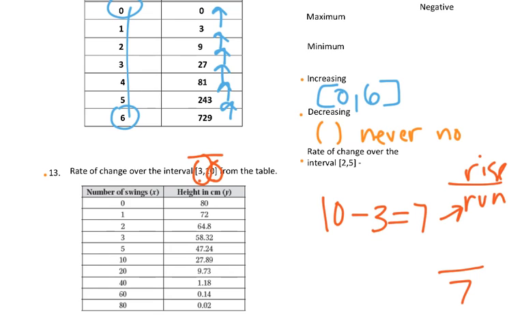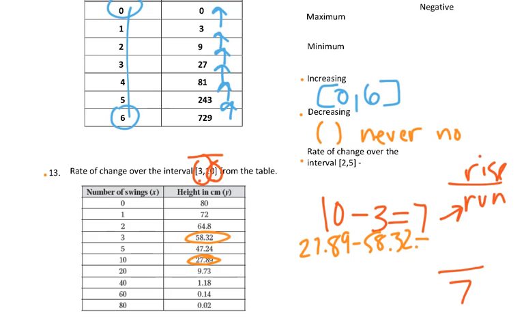Then I find the y values and do the same thing. So at 3, we had a y value of 58.32. At 10, 27.89. So if I go 27.89 minus 58.32, that'll be my top number, okay? And I do them in the same order that I did the x values, okay?